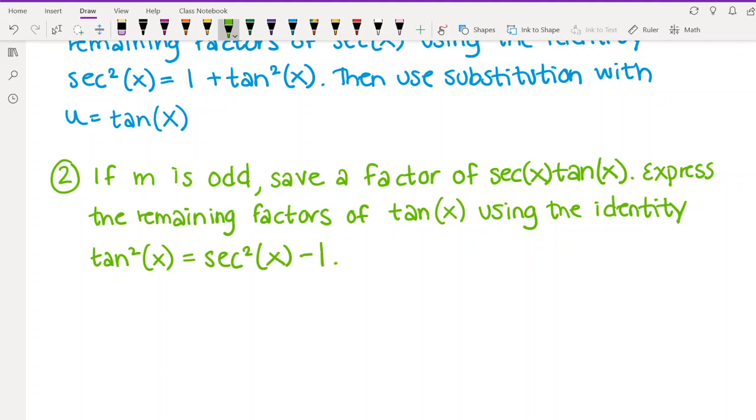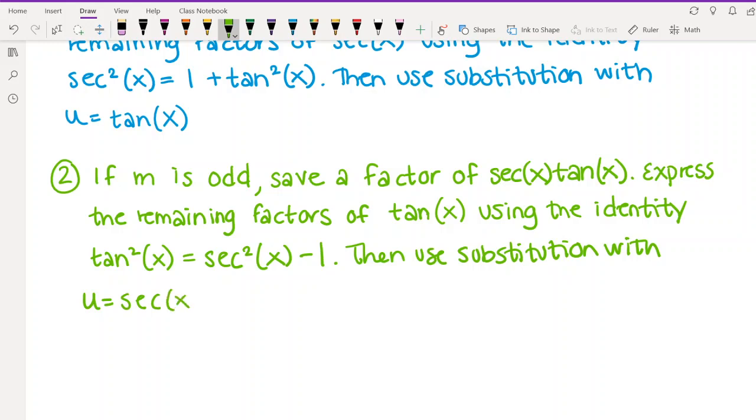And then we're going to use substitution with u is equal to secant of x.